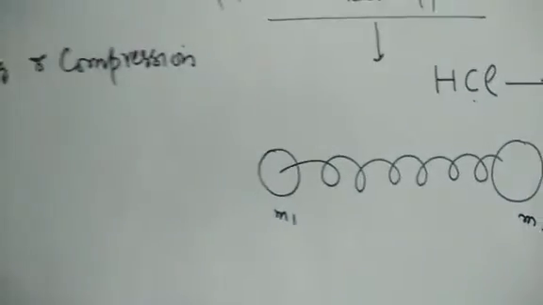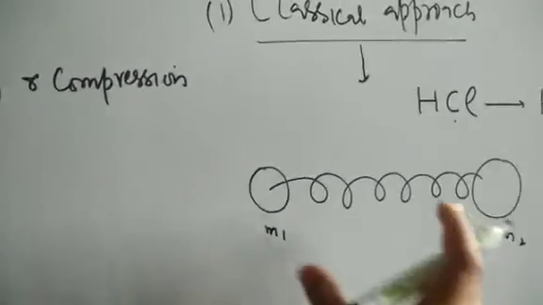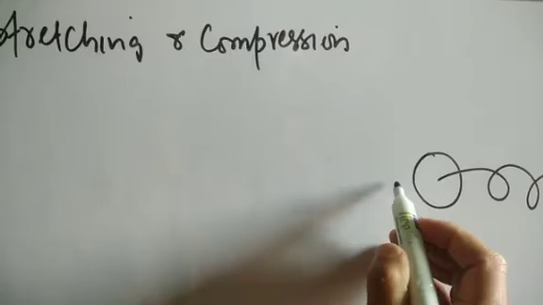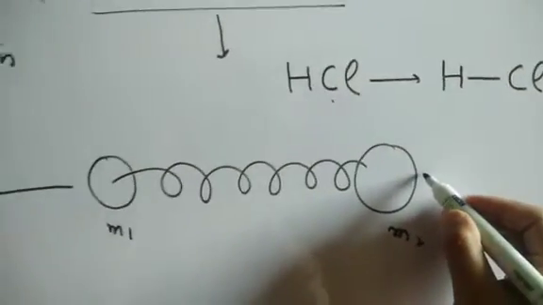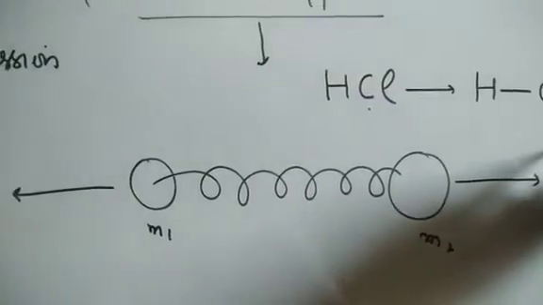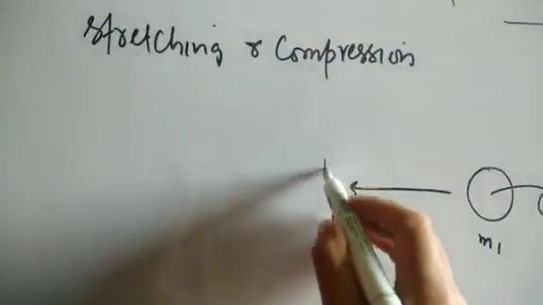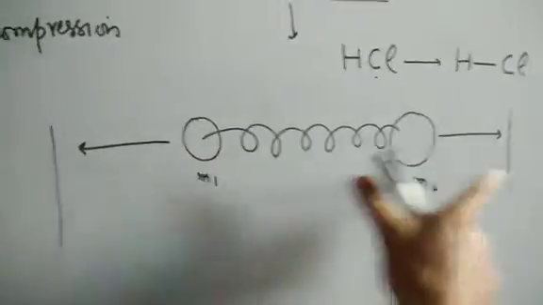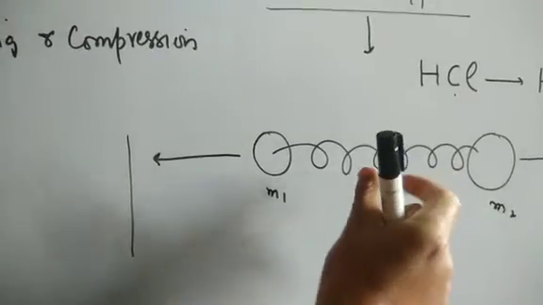So this is your mass M1, that is hydrogen. This is mass M2. We assume that the bonds behave like these springs. Now, if you stretch this spring, for example, you take it from this position to this position, this is your extreme position, fine. So you are stretching on both sides. Then when you release, the spring gets compressed.